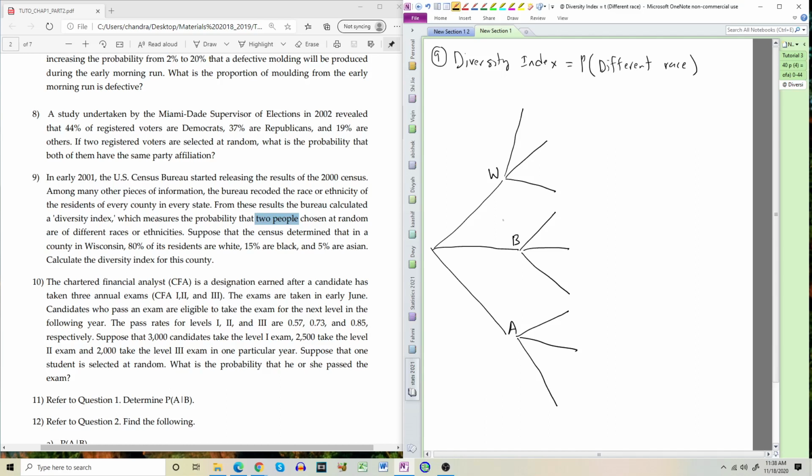The probability for you to choose white is 0.8.